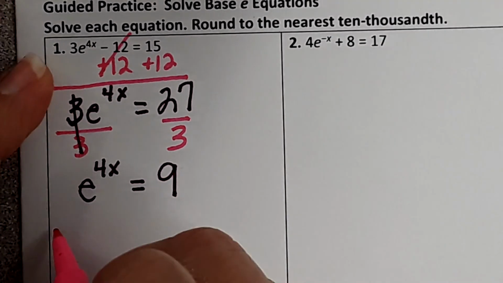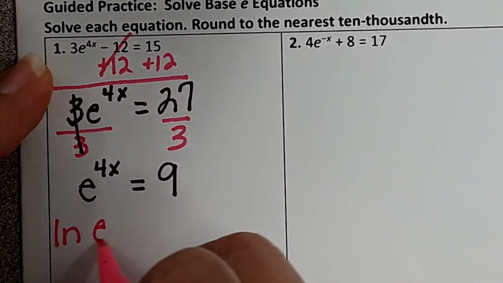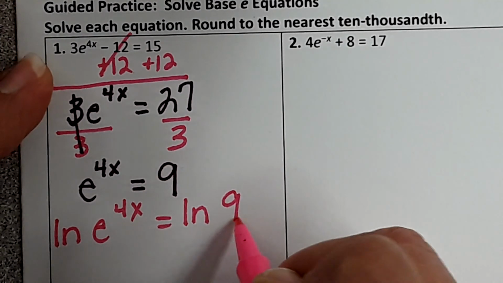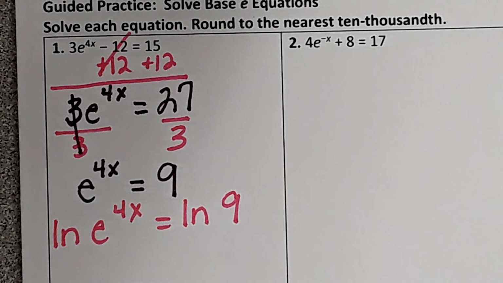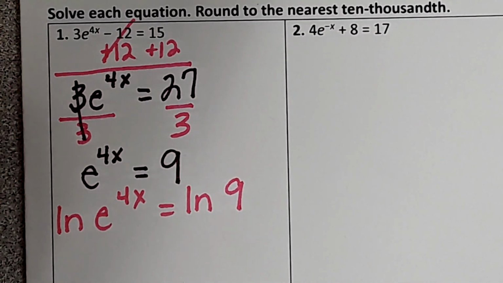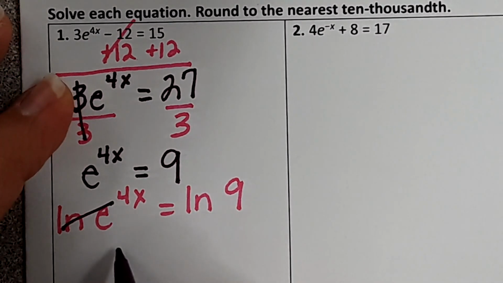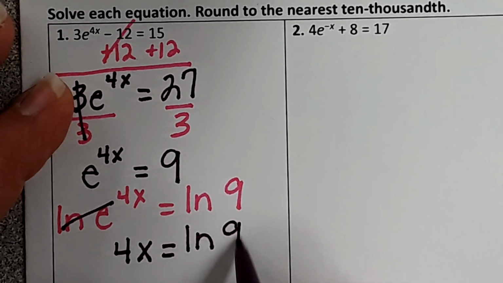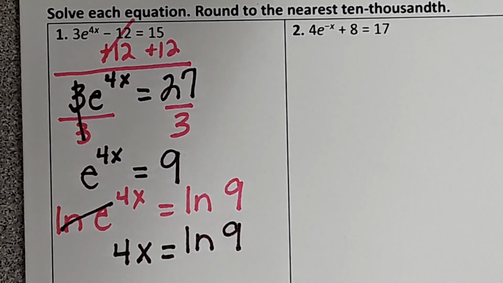So this is what it looks like: ln of e to the 4x equals ln of 9. So I'm taking the natural logarithm of both sides. When you do that, it's just kind of like squaring a square root. The ln and e cancel out, and you're left with 4x equals ln of 9.